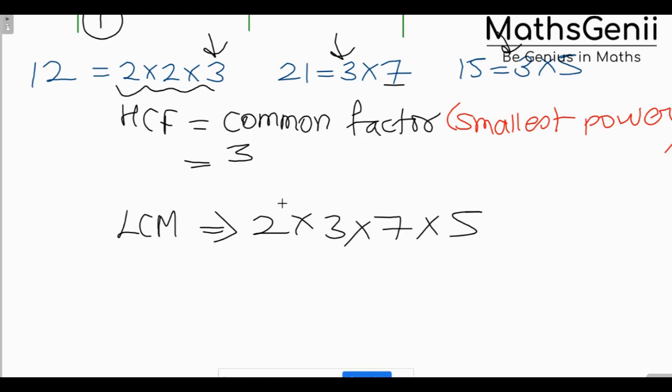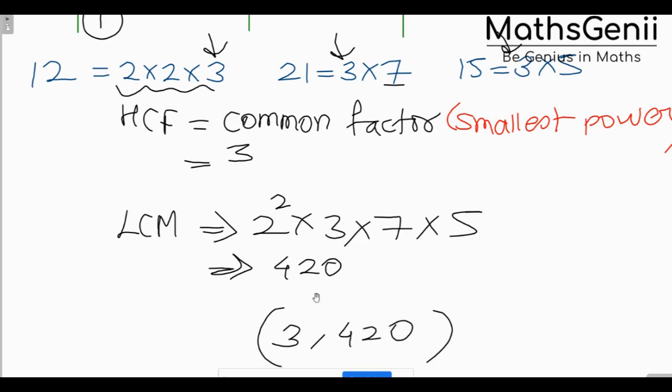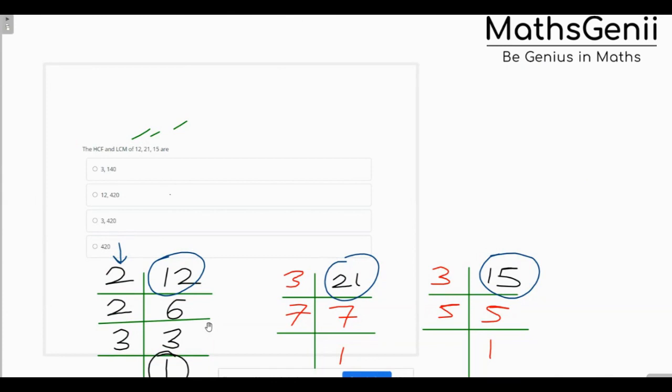Maximum times 2 has come 2 times. 3 has come only one time. 7 has come only one time. 5 has come only one time. So let's multiply this. When you multiply this, you get 420. So your HCF is 3 and LCM is 420. Let's look at the options. 3 and 420 we got. Yes, it is there in option C.